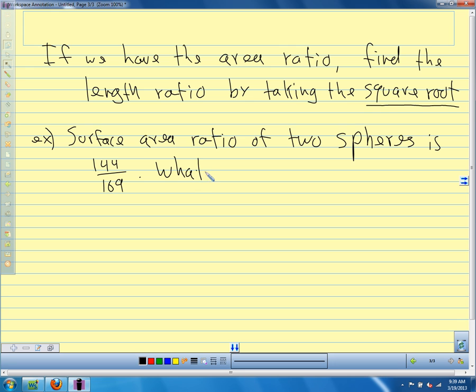And the problem says, what is the ratio of their radii? So surface area is an area. It's an area ratio. Radius is a length, not an area or a volume. So we want a length ratio.